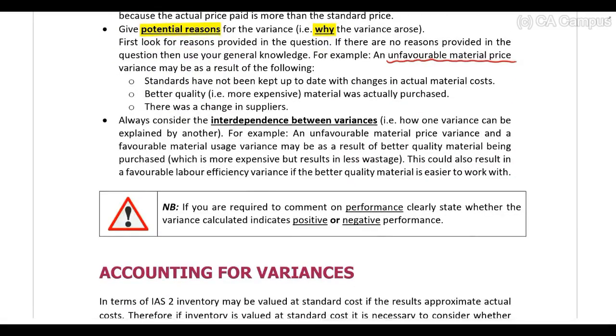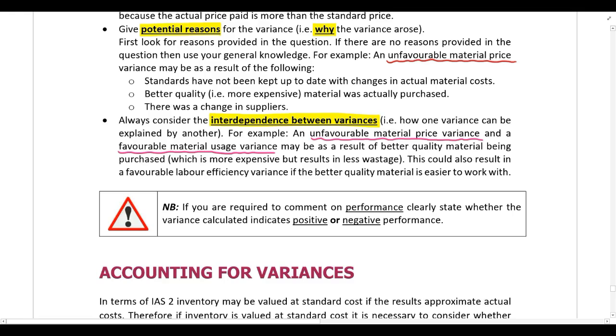Then when discussing the variances, you should always consider the interdependence between variances, or in other words, how one variance can be explained by another. So once again, I'm still working with the unfavorable material price variance in my example. If we have an unfavorable material price variance, and let's also assume we have a favorable material usage variance.